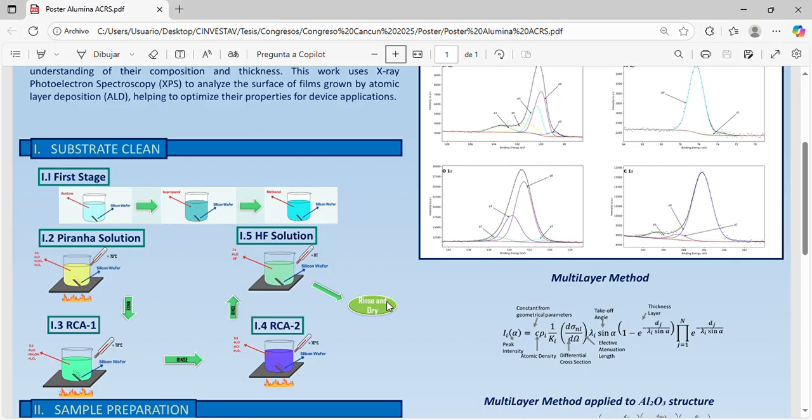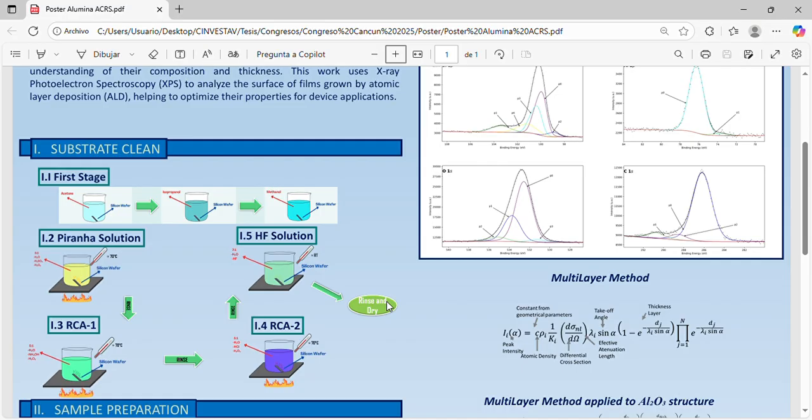First, the substrate was cleaned in a solvent sequence: acetone, isopropanol, and methanol, using an ultrasonic bath for 10 minutes. Then it was placed in a Piranha solution with a ratio of 5:1 for 50 minutes at 70 degrees Celsius.